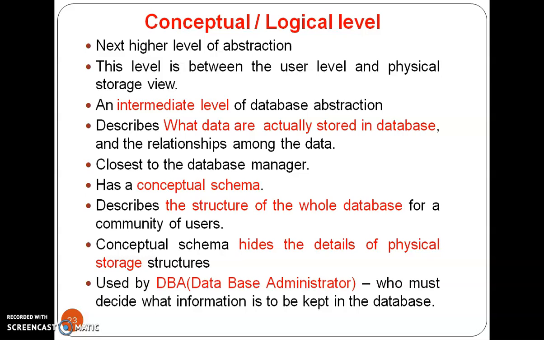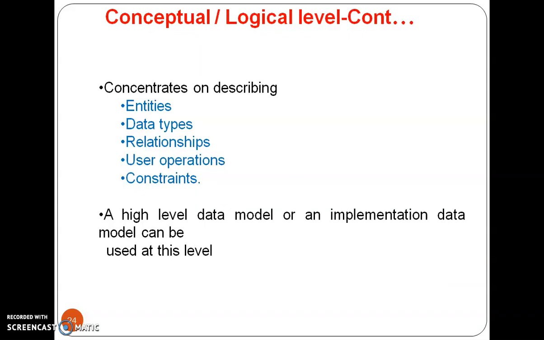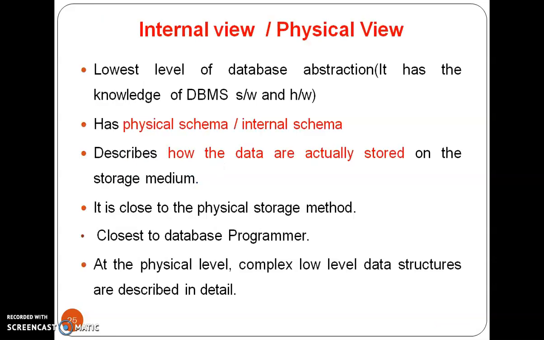This level will be used by the database administrator, who must decide what information is to be kept in the database. It concentrates on describing the entities involved, the data types, and the relationships that exist among the entities, users, operations and constraints. All these are concentrated on at this conceptual level. A high level data model or an implementation data model can be used at this level.